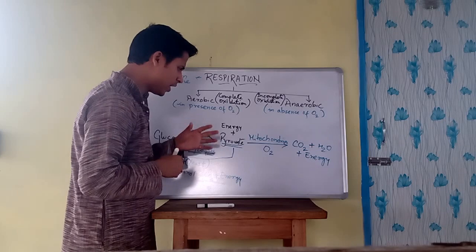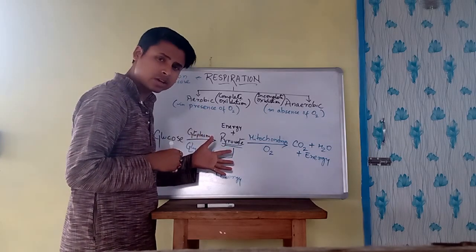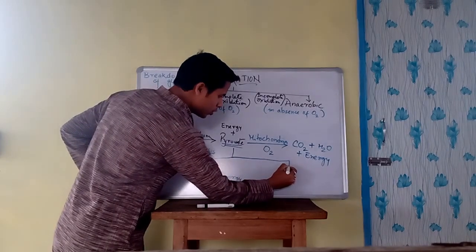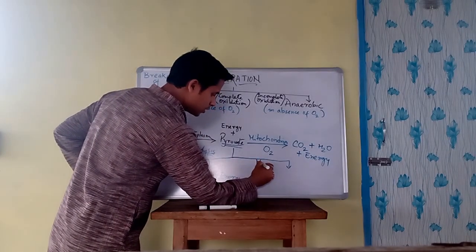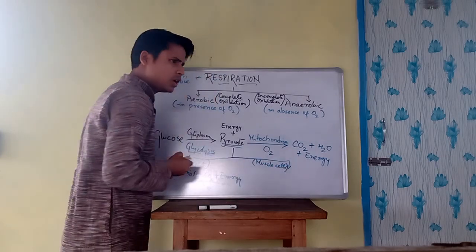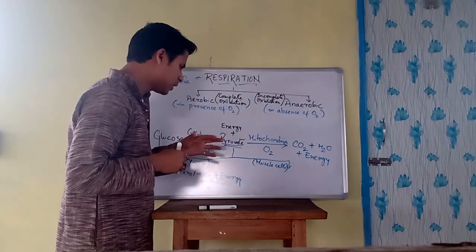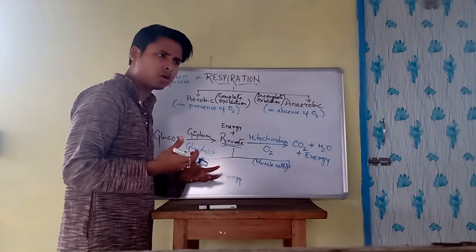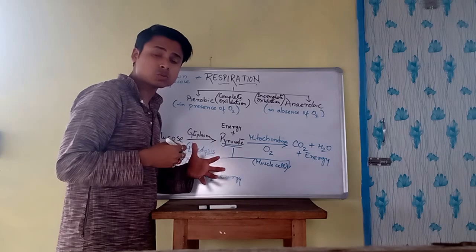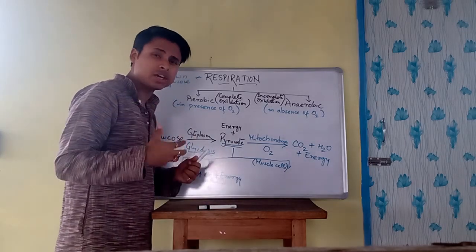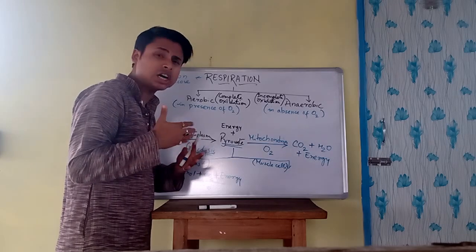Another example where anaerobic respiration takes place is in our muscle cells. When the pyruvate doesn't get oxygen in proper amount, you can see many sportsmen get cramps, right? They run, they do jogging or whatever, they play very hard.